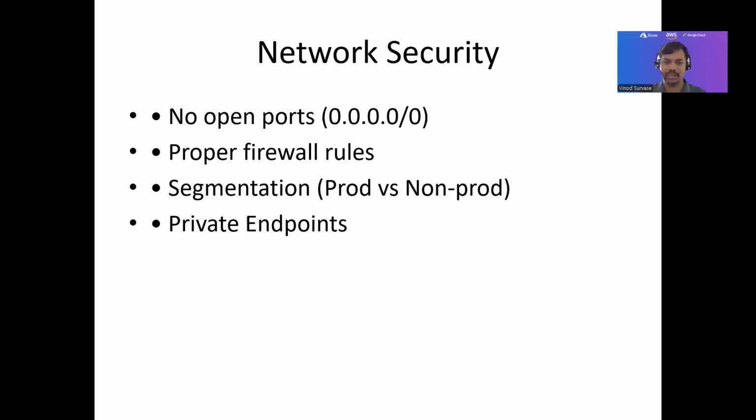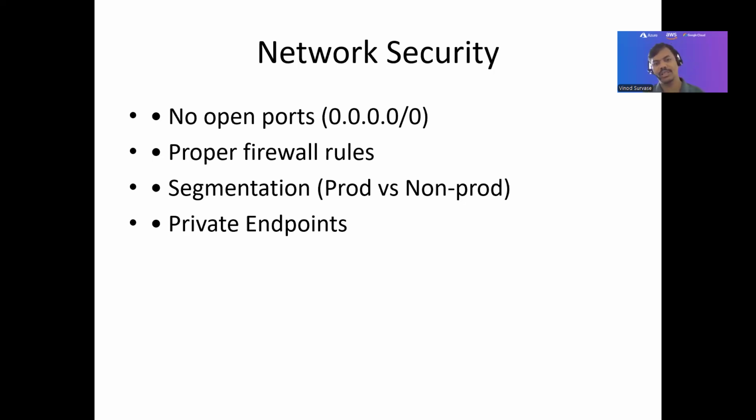The next one is network security. So you can see there are four practices, including no open ports available. We want to allow only the respective ports that need to be communicating with the different systems, right? And only those systems would be communicating using that respective port, along with proper firewall rules to allow and block certain traffic coming into and going out of the systems altogether.